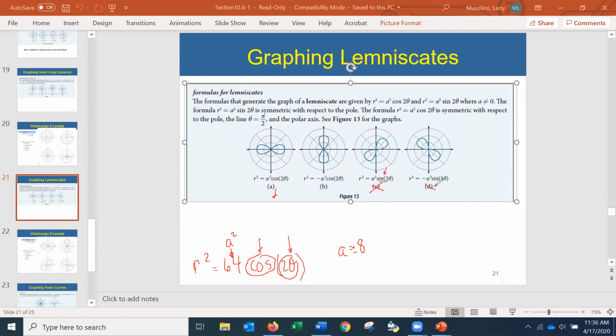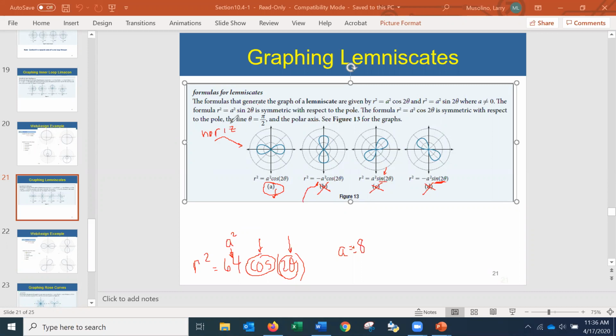Same thing for choice D, which involves sine, but our graph is a cosine. Should I go with choice A or B? Well, choice B has a negative sign in front, but of course our graph doesn't have a negative sign. So our graph must match up to orientation A. So it looks like a horizontal figure 8, so to speak, right? So it's this horizontal lemniscate.